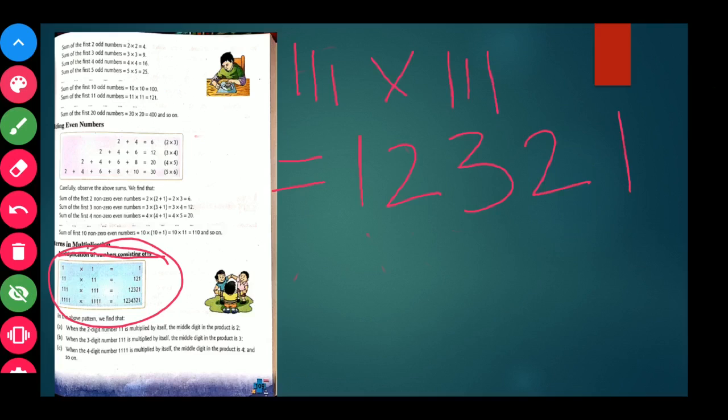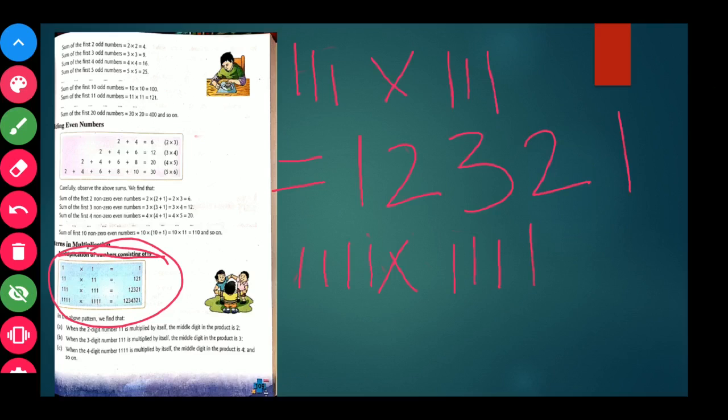Following this pattern for the next product, because the next product contains 4 ones, means 1111 multiplied by 1111, to find the product, what will we do?